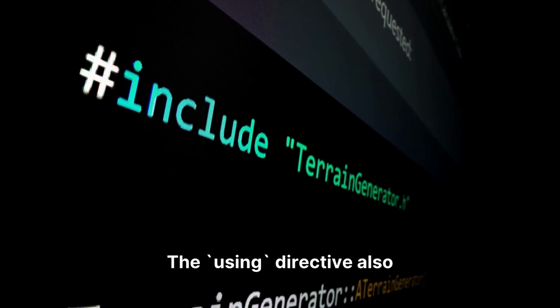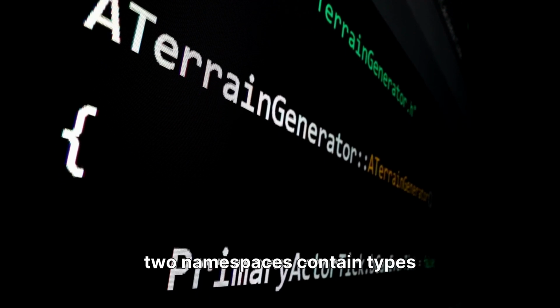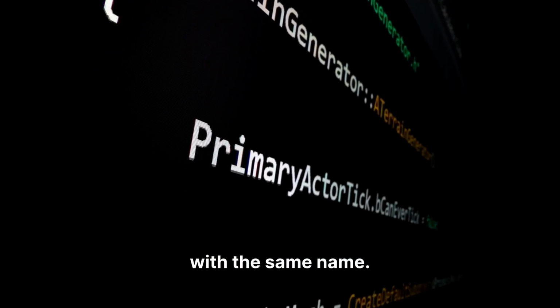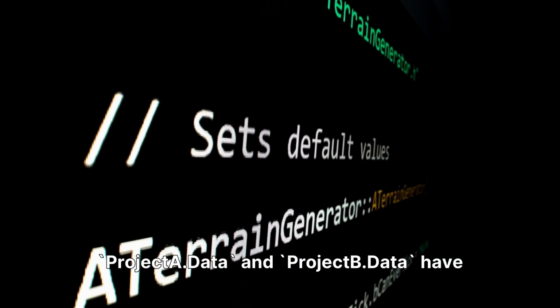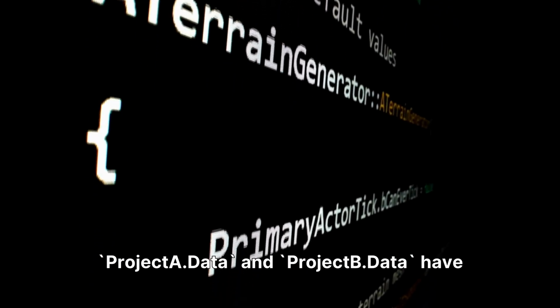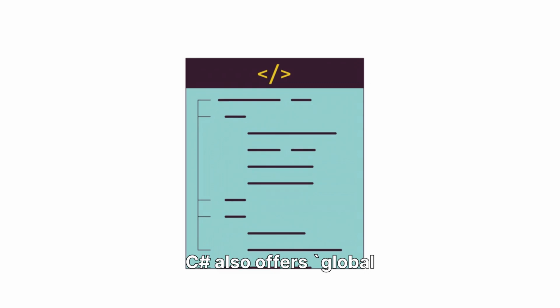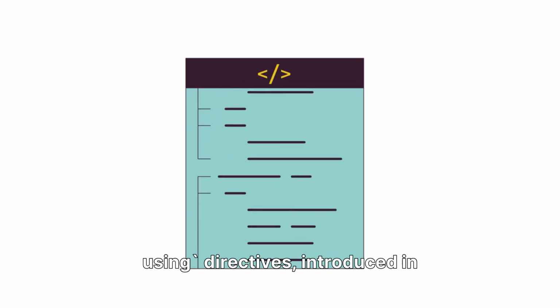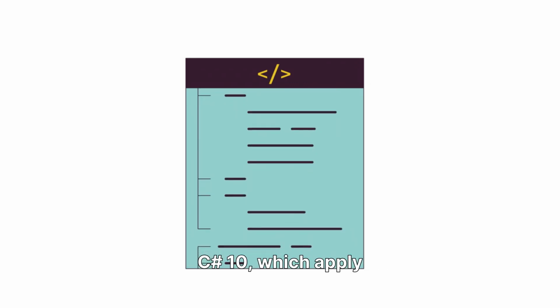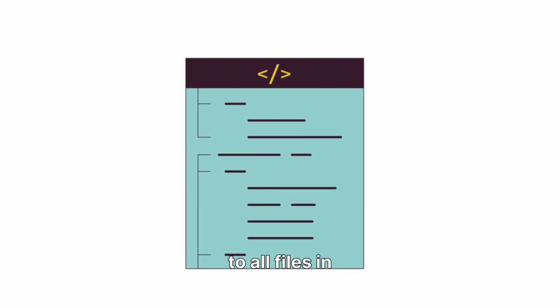The using directive also supports aliases, allowing you to resolve conflicts when two namespaces contain types with the same name. For example, if both ProjectA.Data and ProjectB.Data have a User class, you can use aliases to distinguish them. C# also offers global using directives, introduced in C# 10, which apply to all files in a project.